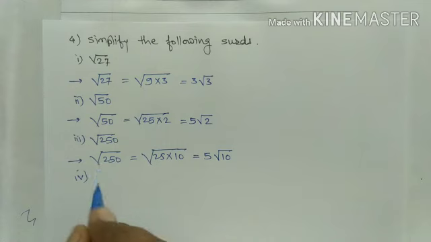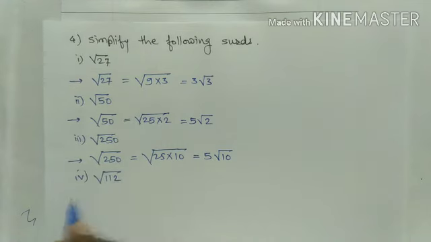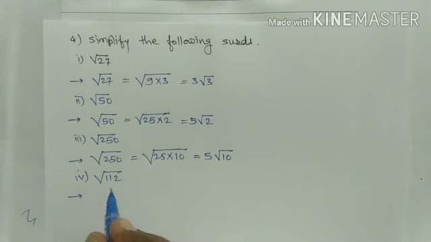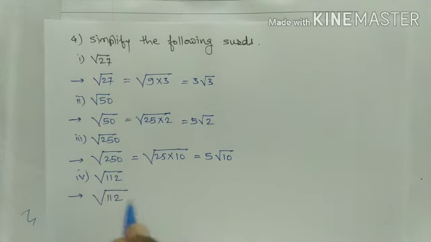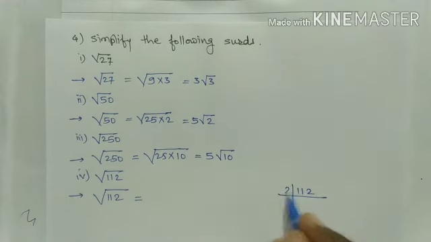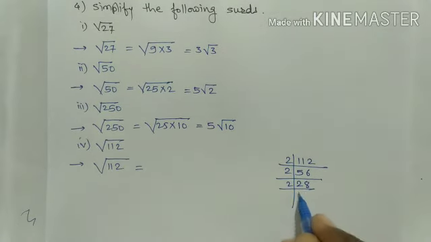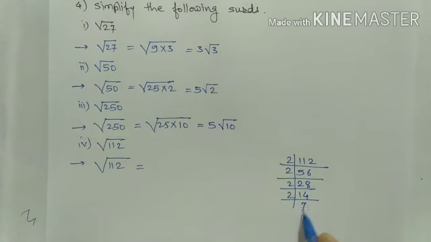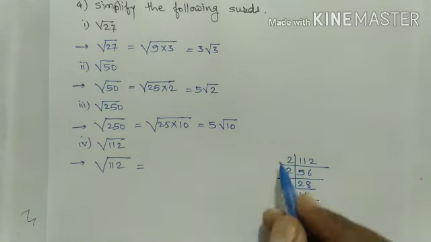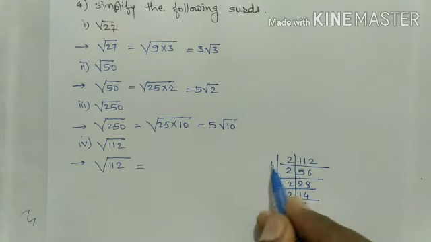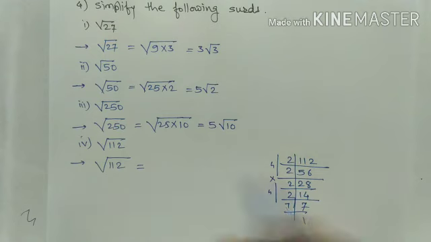Then the fourth example is √112. Now if we cannot notice which perfect square is among the factors, we can find it using prime factors. 112: 2 fives are 10, 2 sixes are 12, 2 twos are 4, 2 eights are 16, 2 ones are 2, 2 fours are 8, 2 sevens are 14, and this 7 ones are 7. Here 4 into 4, this 16 into 7. These are the factors of 112 and here 16 is a perfect square.